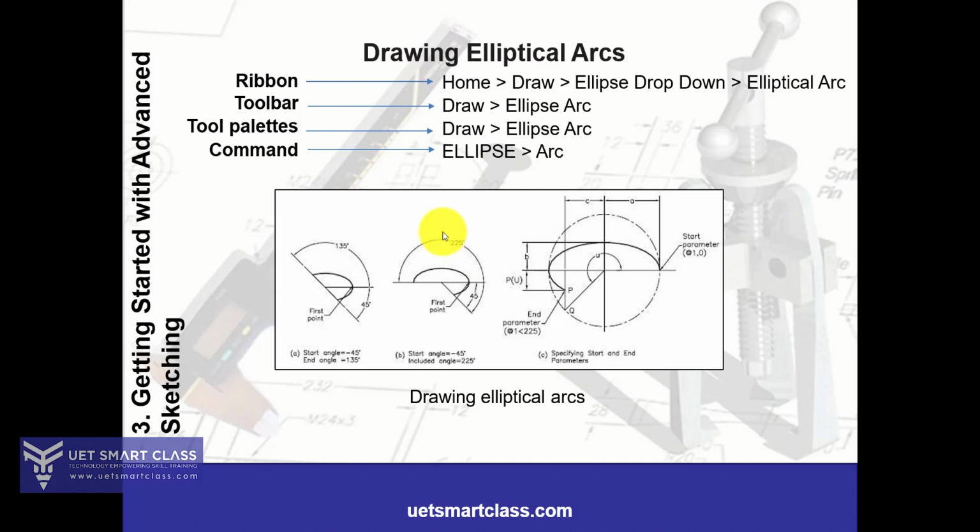Actually, now 225, if I say included angle, it means the 45 angle is also included in this. Here the end angle was 135. So it has started on minus 45 and ended at 135. But here, if I said included angle, so it has included the 45 within 135. So means it's 45 plus 180 degree. Okay.